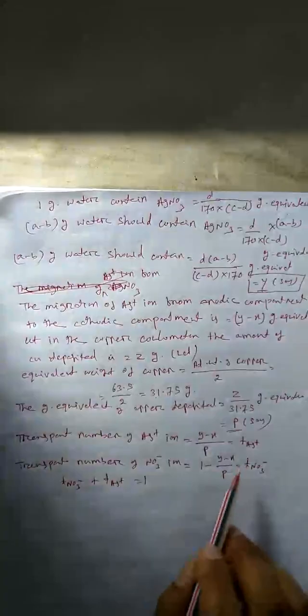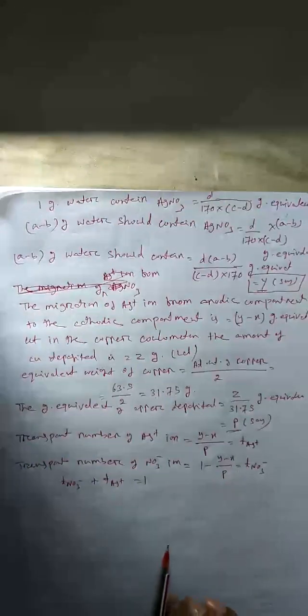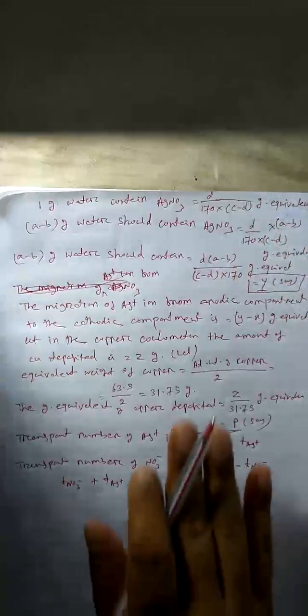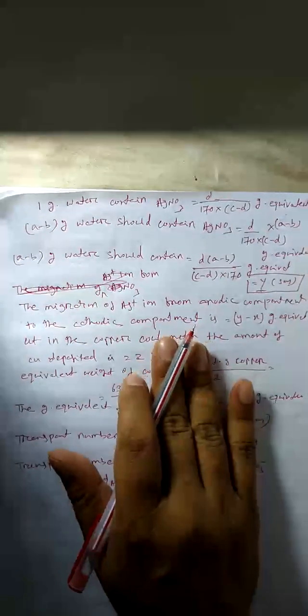If you get the transport number of silver ion, then you can easily find the transport number of nitrate ion. So in this way you can find the transport number of silver ion when you use the inert electrode.